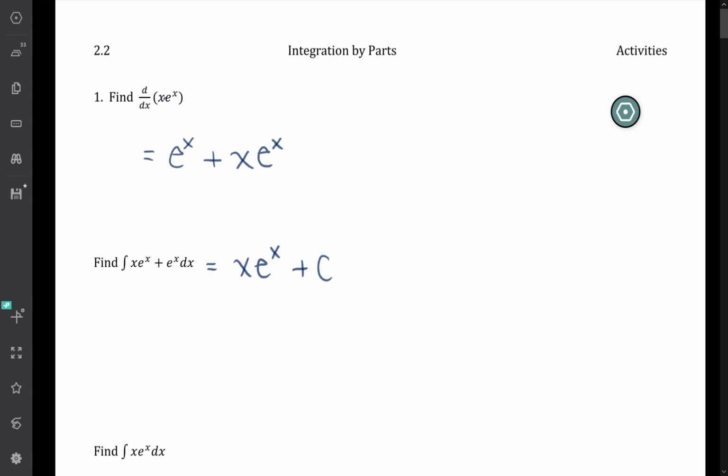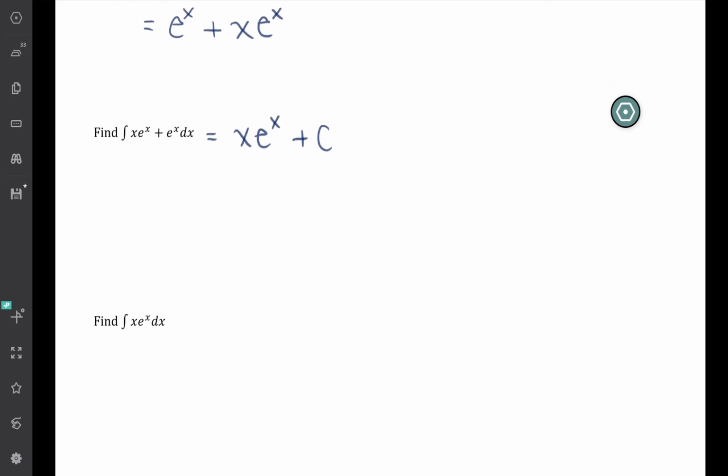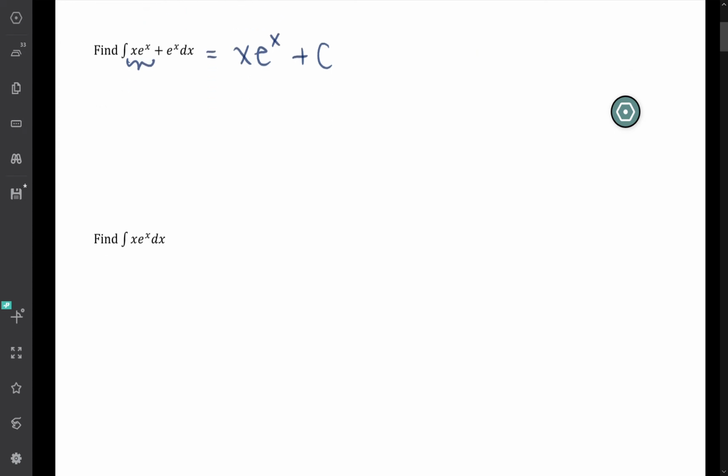Okay, and here's the part that might not immediately have been obvious what to do. Down below, I'm asked to then find the integral of just x e to the x. So it's really just that part. What I want to do is take the statement that I just wrote down really seriously and say, okay, if I know that the integral of x e to the x plus e to the x dx is equal to x e to the x plus c, I can start using some properties.